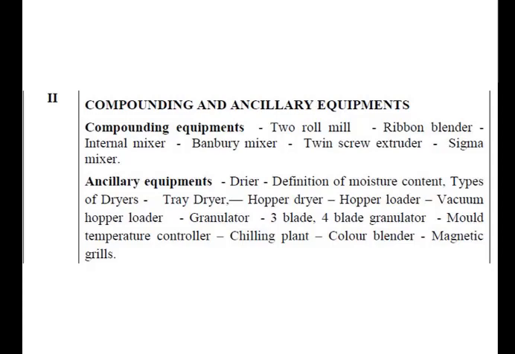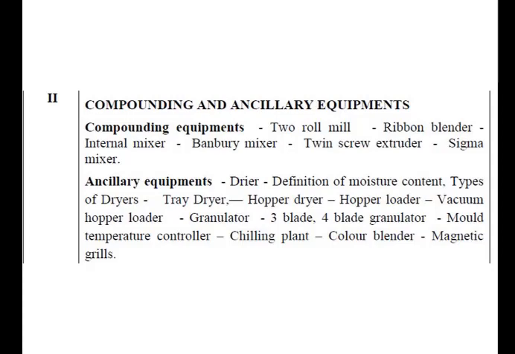In this module, we are going to discuss various compounding equipments and ancillary equipments in Unit 2. In Unit 1, we discussed advanced plastic processing techniques, their principles, process and applications. Now, in this unit, we are going to discuss various compounding equipments.